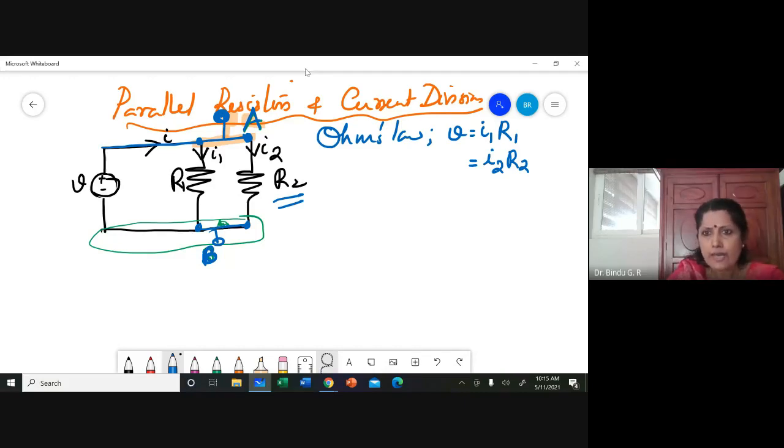That is why the source voltage V is equal to I1R1, the same as I2R2, or I1 is equal to V by R1 and I2 is equal to V by R2.